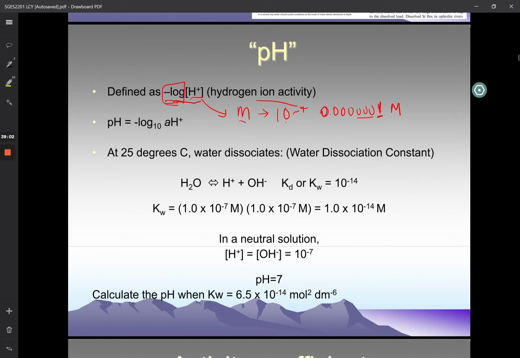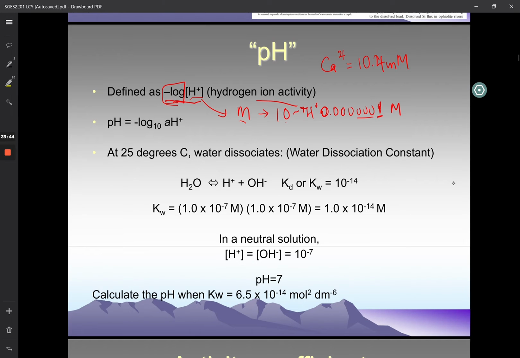So if you want to compare, say, in seawater, we have calcium. The calcium concentration in seawater is almost 10.4 millimolar.